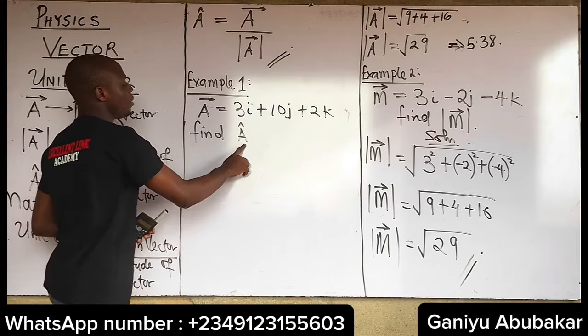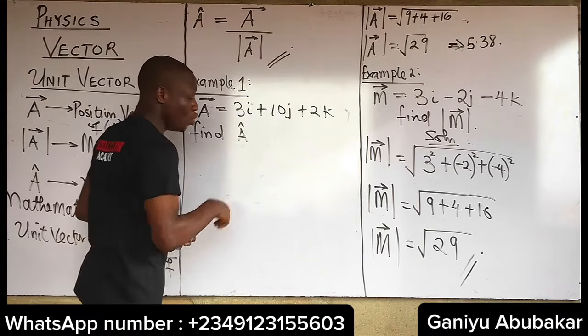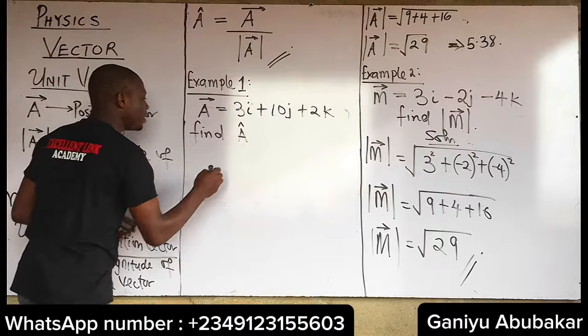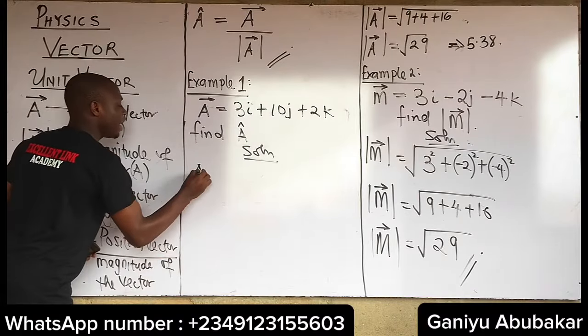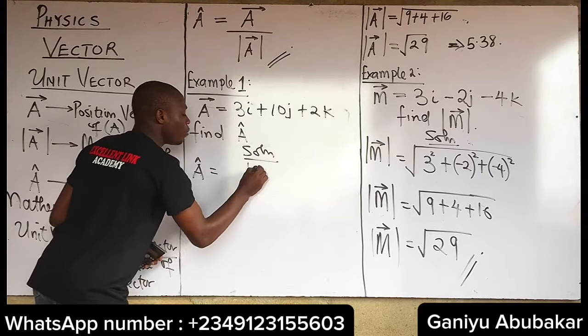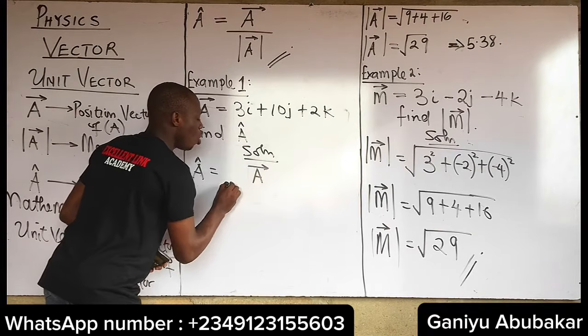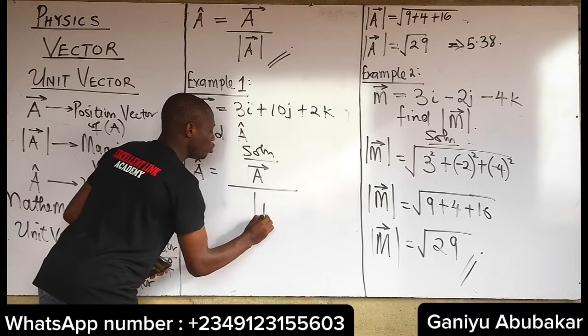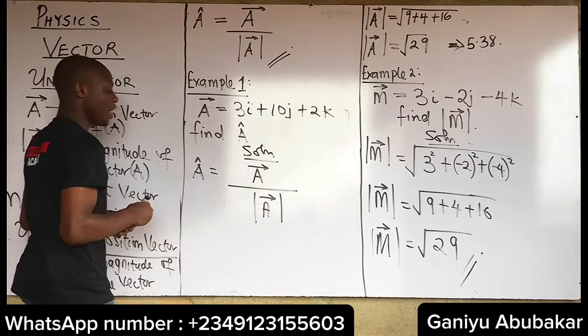This is called the unit vector of A. We said when it comes to finding the solution, the unit vector of A is equal to the position vector of A all over the magnitude or the modulus of vector A.